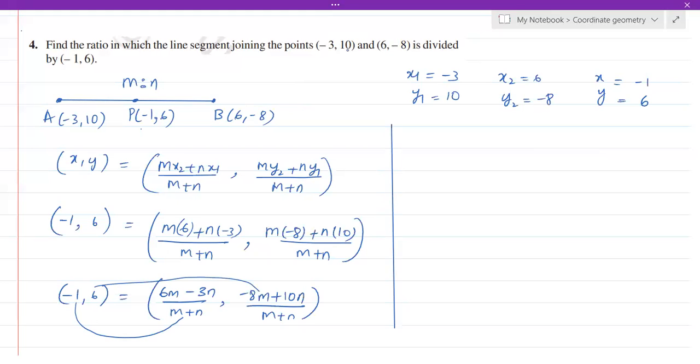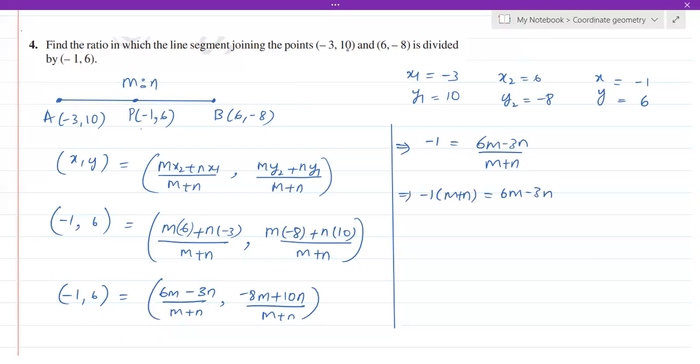Anything is fine; we have to equate to get the value of m and n. So the first part minus 1 equals, in the RHS, the first part, that is (6m minus 3n) divided by (m plus n). Let's cross multiply, which implies minus 1 into (m plus n) is equal to 6m minus 3n.